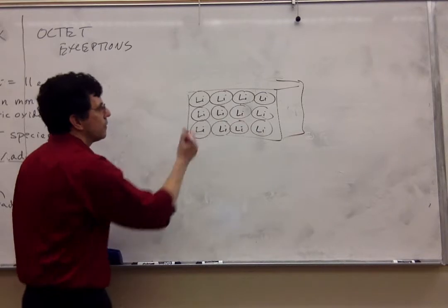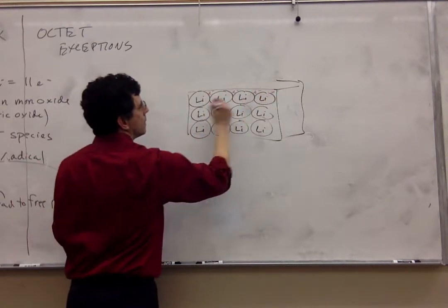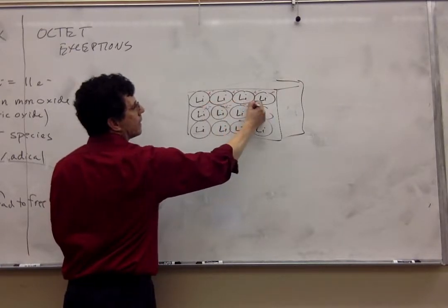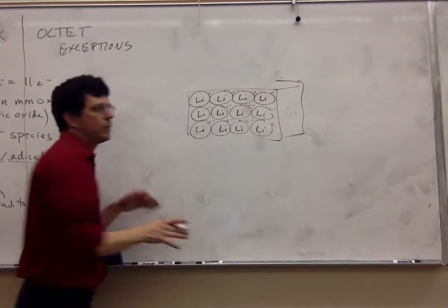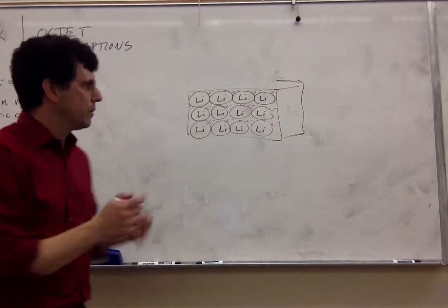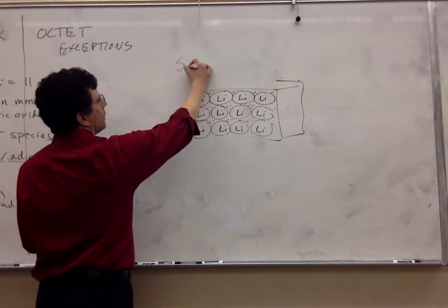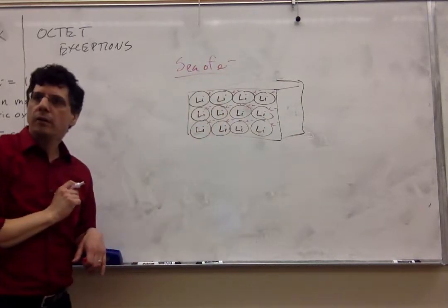That those valence electrons, they're there, but they're very loosely associated with the atoms. And so this model is typically called the sea of electron model.